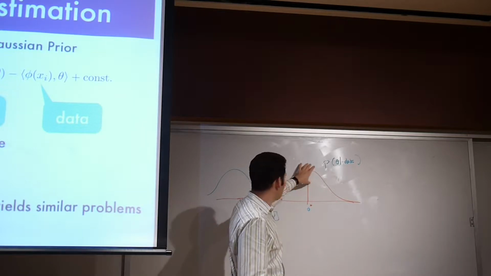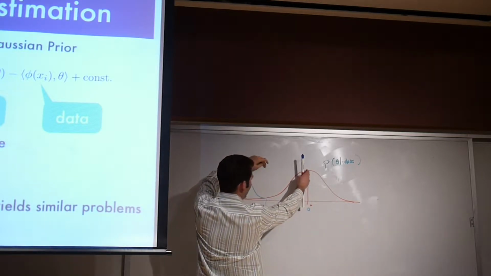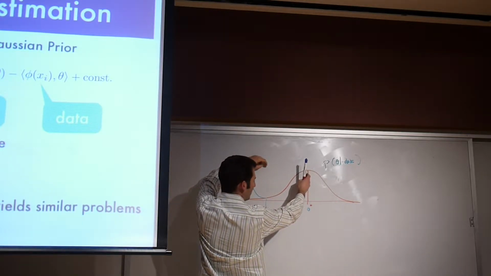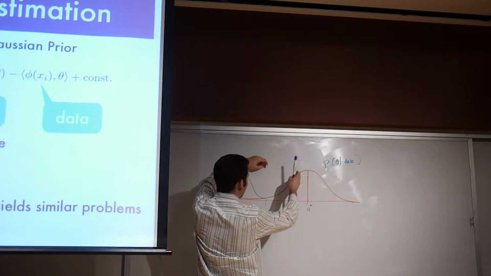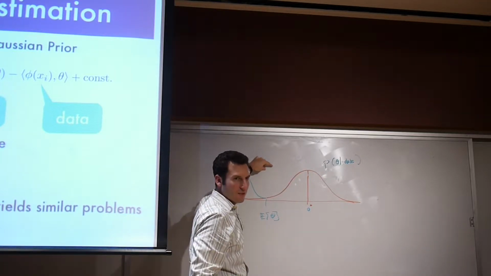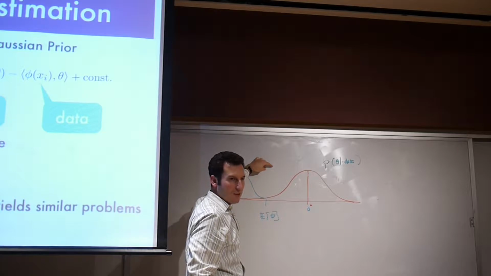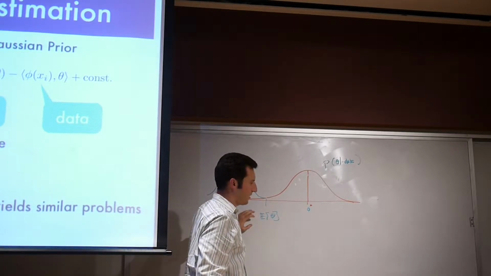So you're going to be really badly off in terms of finding the mode of the weight as opposed to the expected weight. And you can construct cases where this is arbitrarily nasty.